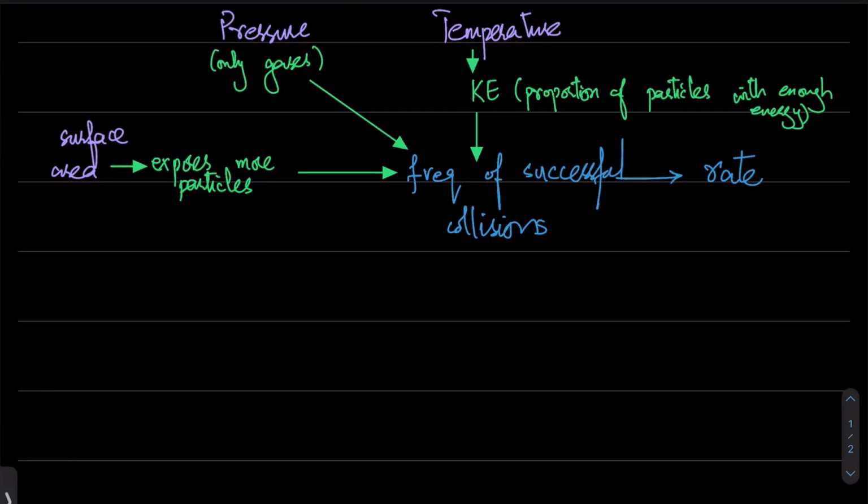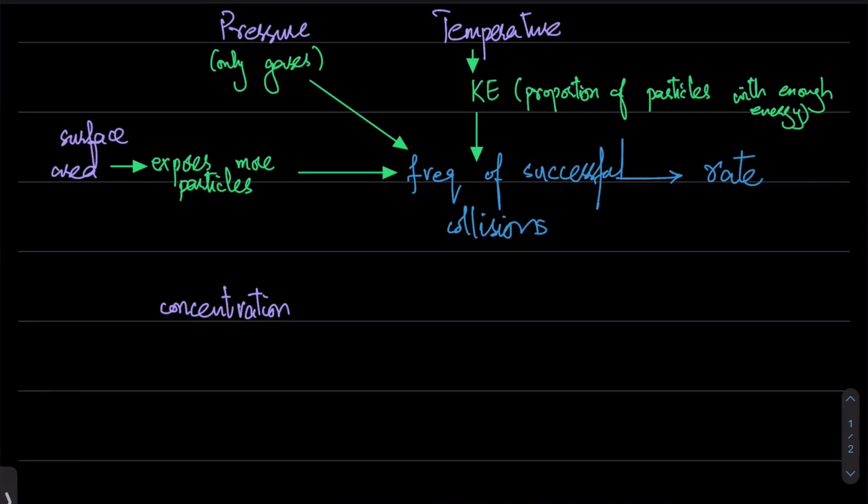पहले अगर 50 particles collide कर रहे थे, अब 100 particles collide करेंगे, the number of collisions will still be more. So that factor is called concentration. But remember one thing, it's not concentration itself that affects the rate of reaction.